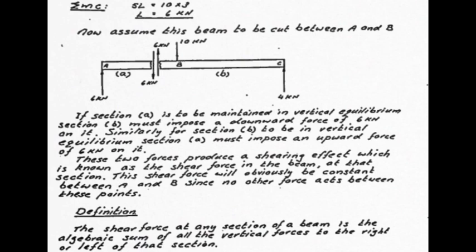In this case, let's pretend that my hand is over here and I'm covering this portion and exposing this portion. I then look for the algebraic sum of all the vertical forces to the right or left of that section. So in my case, let's take everything to the left of where my hand is, and all I can spot is one upward 6 kilonewton force. So that is the shear force at that plane of the beam, at that cross section of the beam.